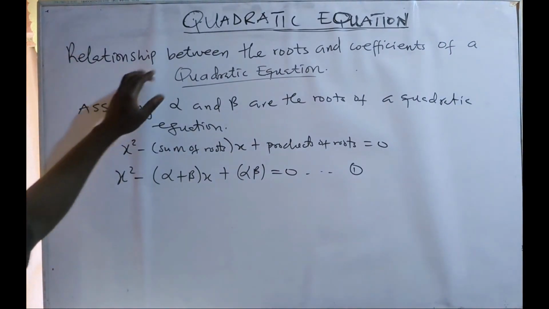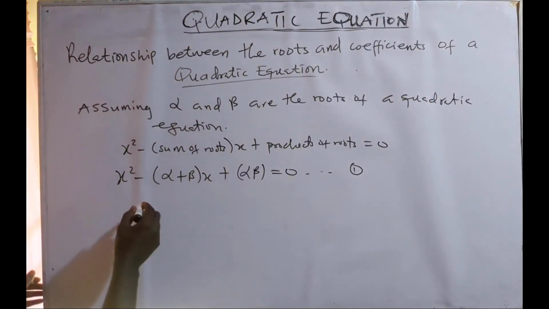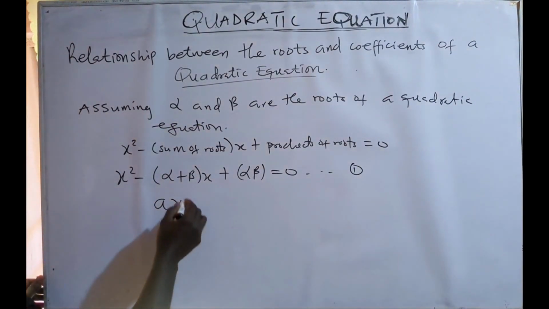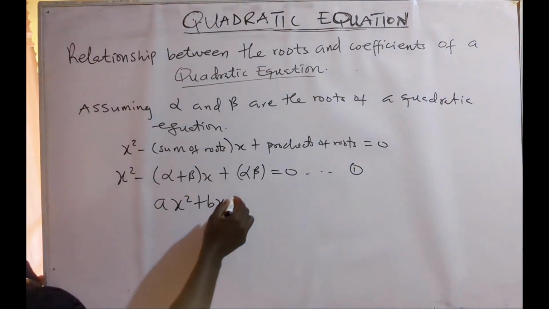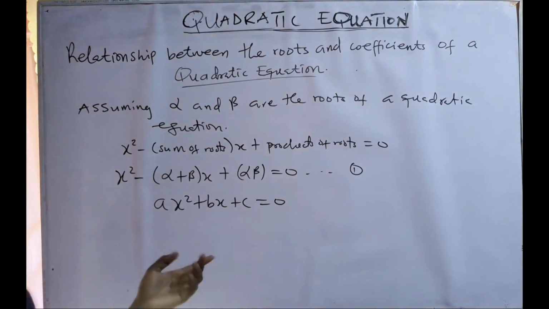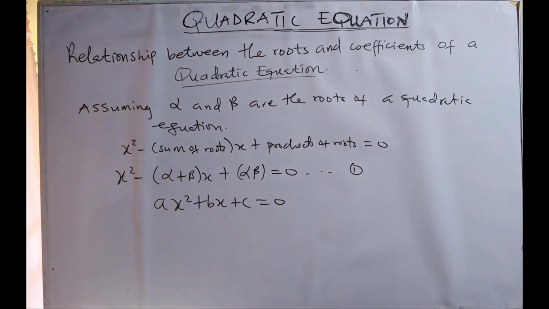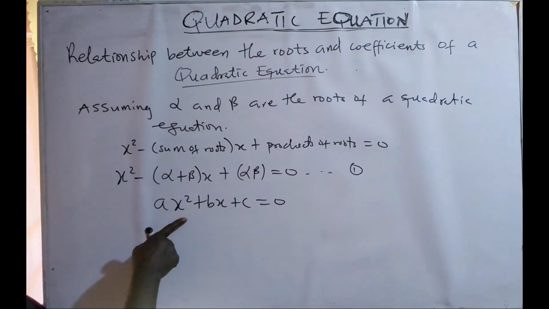And then I'm going to compare it to the coefficients of a quadratic equation. We know that the standard form of a quadratic equation is as squared plus bs plus c equal to 0.